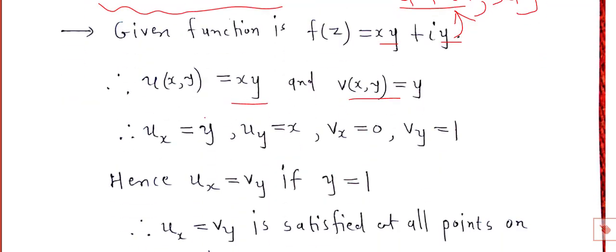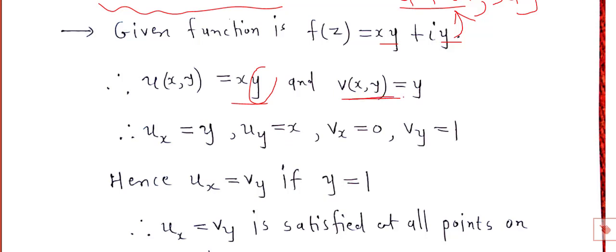Using these, partial derivatives: del u by del x is y, because the derivative is with respect to x, so y is constant, and the derivative of x is 1. Similarly, del u by del y is x, because if we differentiate with respect to y, we consider x as constant, and the derivative of y is 1.